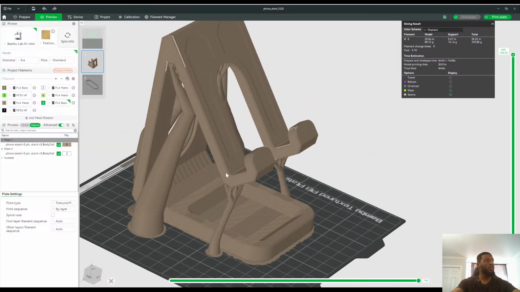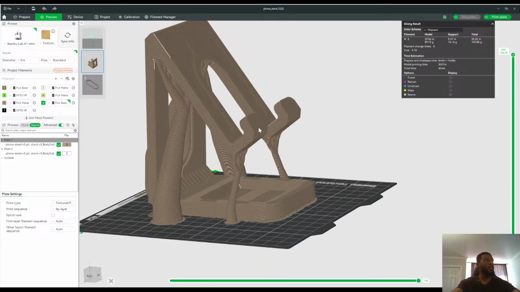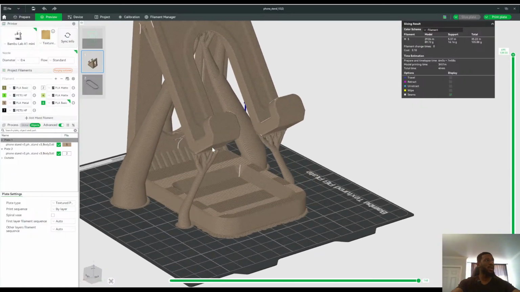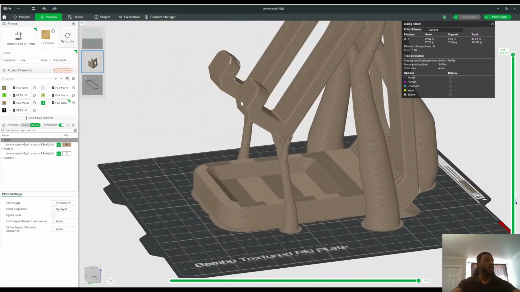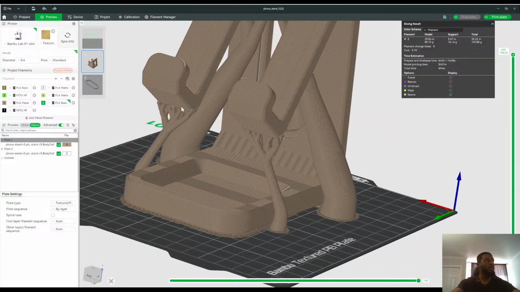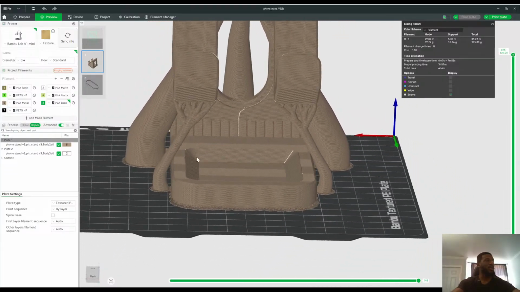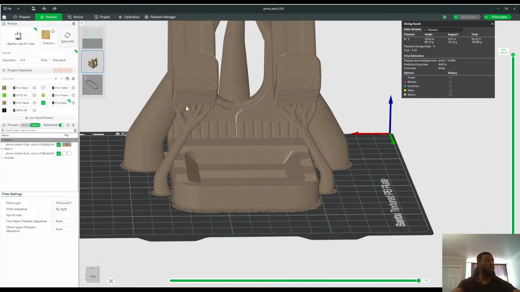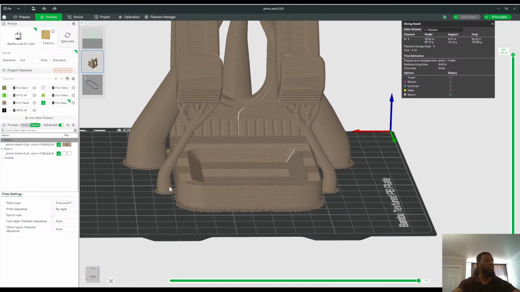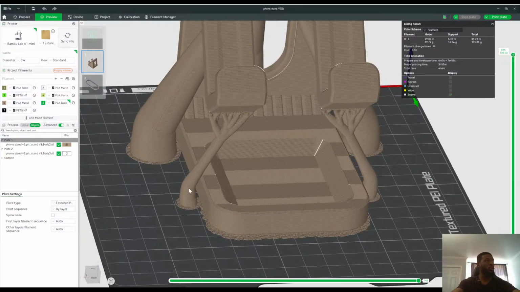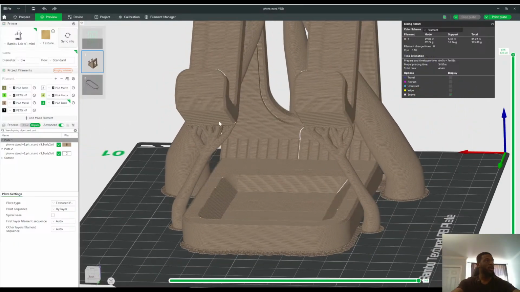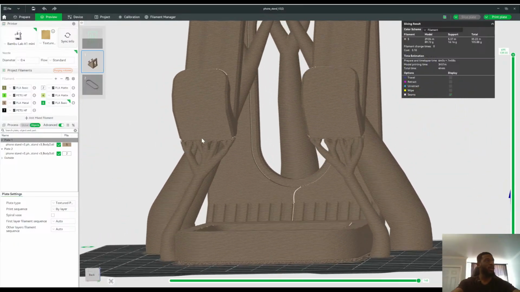As you can see, this region of the piece is floating in mid-air. Because there's nothing underneath, and each layer starts from the bottom and goes to the top, it needs to make structural support all the way to the top and begin the print right here.